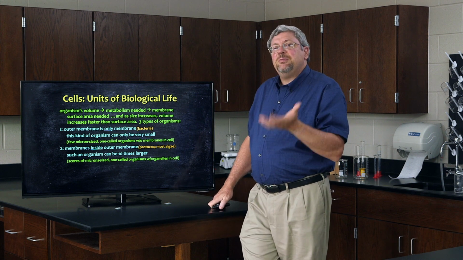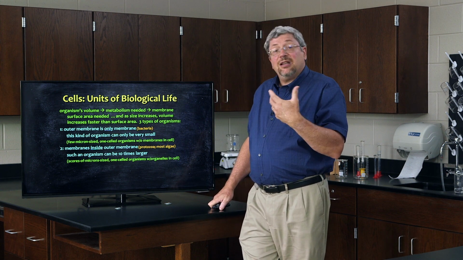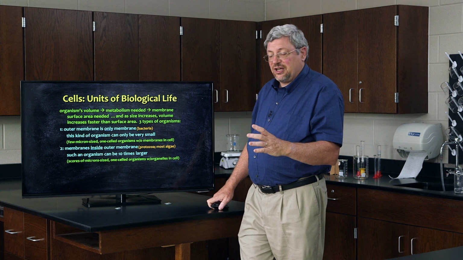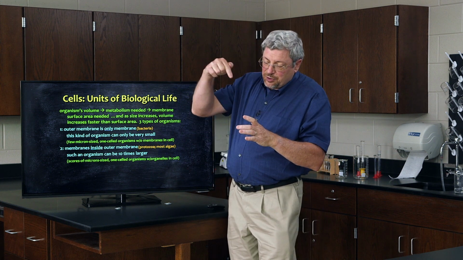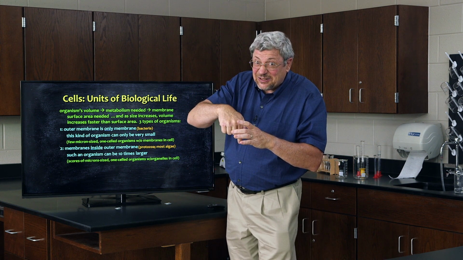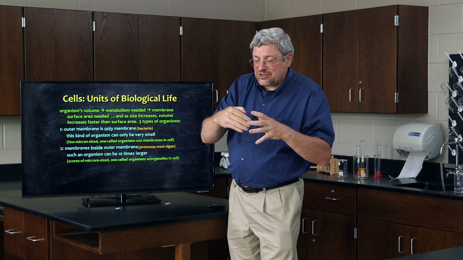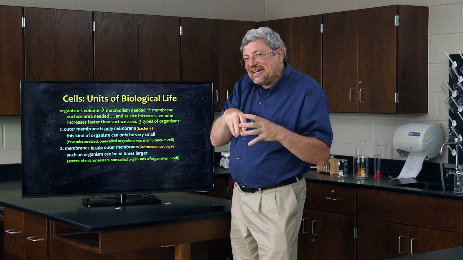If an organism is to be bigger than that, and let's say still to be just a single cell, then the organism needs to put membranes inside the cell. So as the cell increases in size, it adds membranes inside the cell.